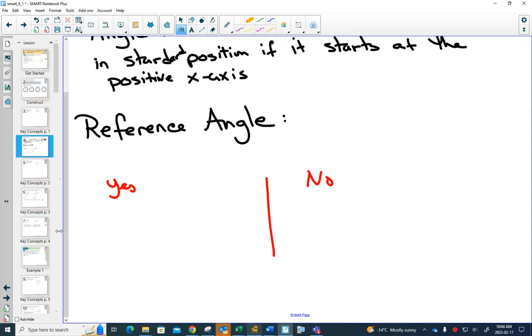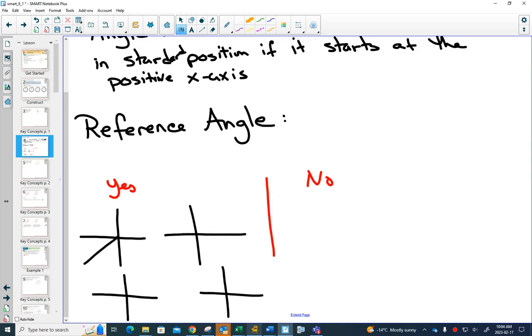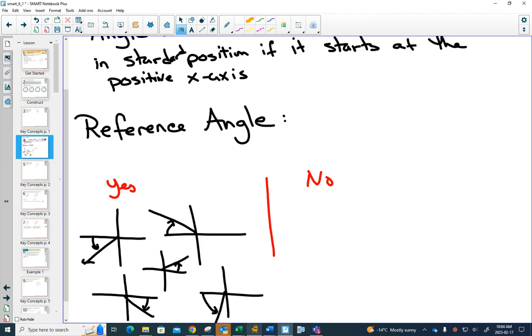If you write the words, sometimes you don't understand it. Seeing the visual really helps you understand it. So these are reference angles. And these are not reference angles.